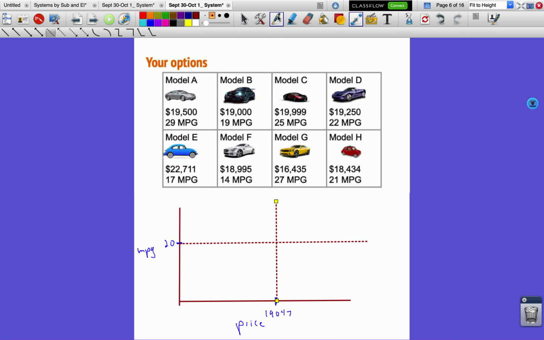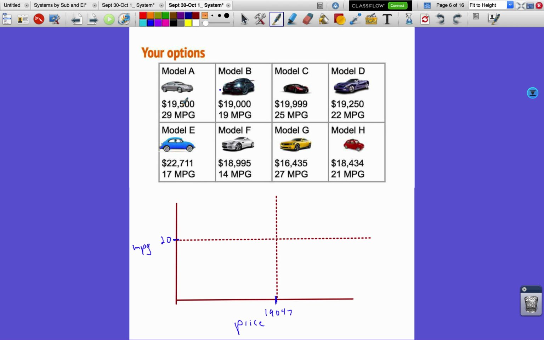All right, now let's plot each of these cars relative to our constraints. So model A, it's 19.5, so it's going to be on the right-hand side of this, and it's 29 miles per gallon, so we'll make a dot up here and label it A. Model B, 19,000, okay, that's on this side of our price cutoff, and 19 miles per gallon, so that's just a little bit below.